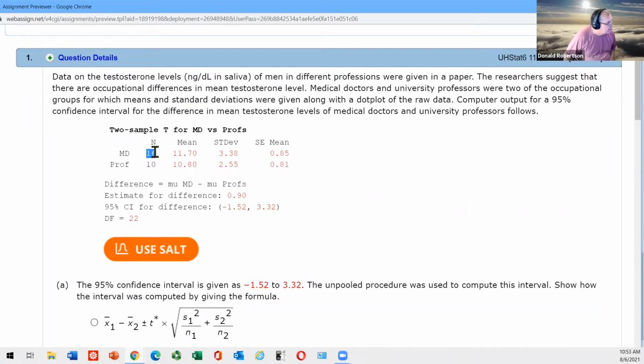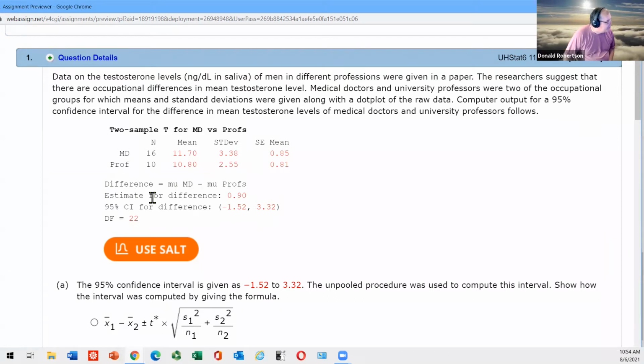Can you see that the doctors' sample was 16, their mean was 11.7, their standard deviation was this, and the standard error, if you just did these on their own, would be that number. If you did the professors, there's only 10 of them, it would be this number.